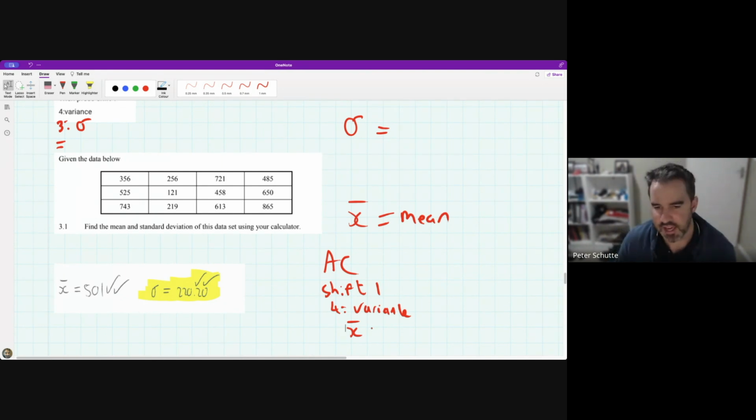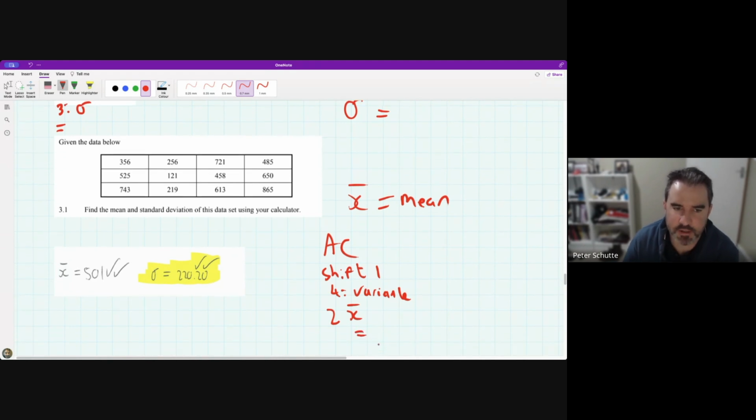What number has the X bar symbol over it? Okay, 2. Okay, so I want you to hit 2 and then hit equals, and what number do you get for the mean? Okay, so you should get, for the mean, 501.